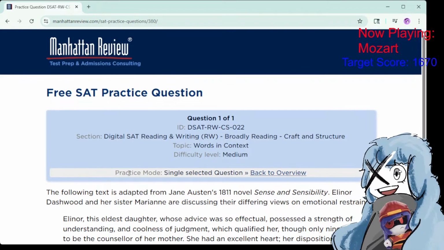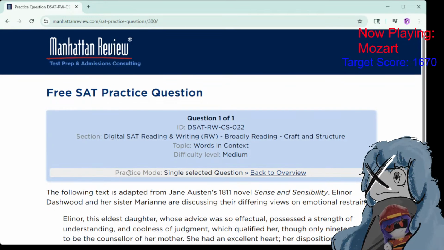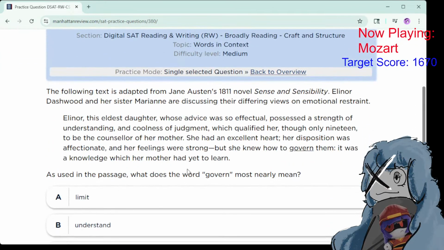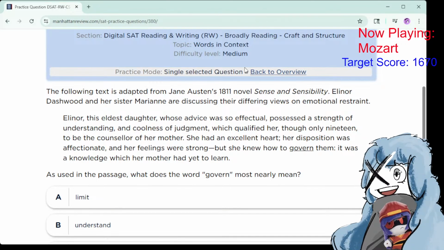Words in context, medium. Ugh. Sorry, guys. I finished my banana. Ugh. There it goes.